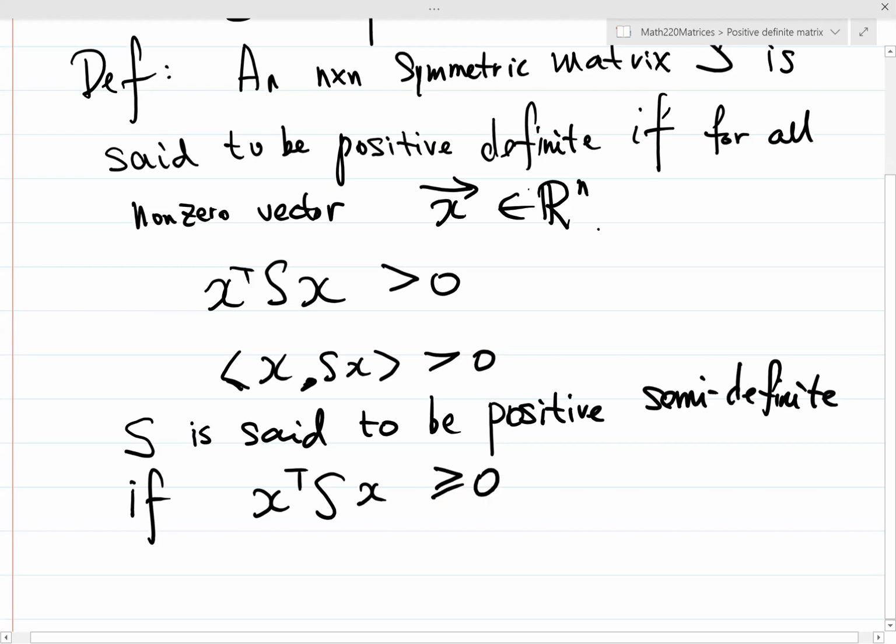It can be 0. Now here we don't assume that x is non-zero, because if x is 0, then you just plug in and you automatically get 0. So it holds for all x in R^n.